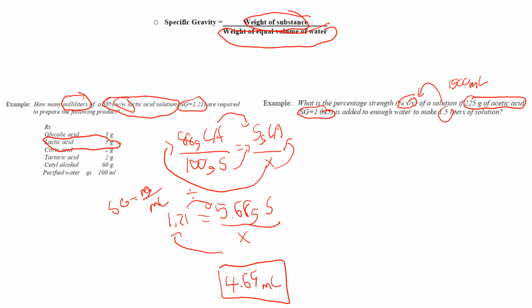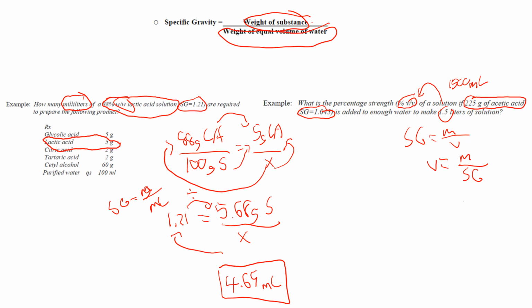Next, we need to set up our specific gravity equation. So SG equals mass over volume. And in this case, we're solving for volume, so we can actually rearrange this equation. I didn't show it rearranged this way last time, but we're doing the same thing. It's volume equals mass over specific gravity, because we do have all the numbers for these things.